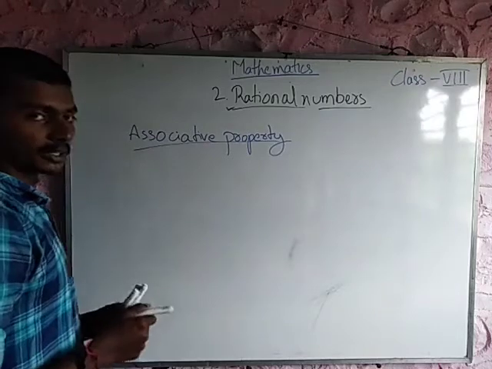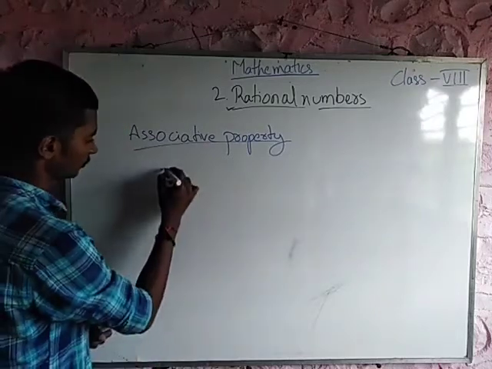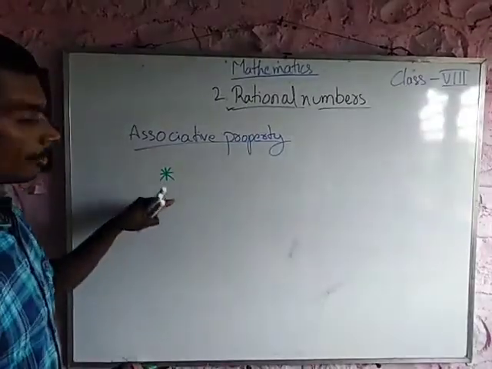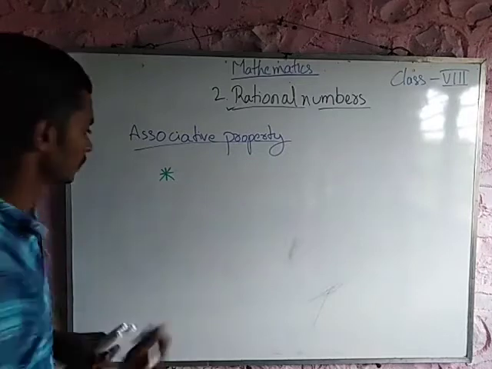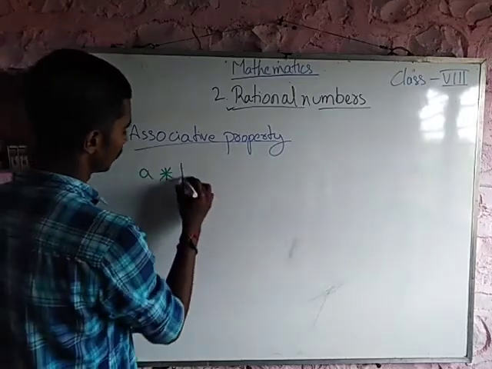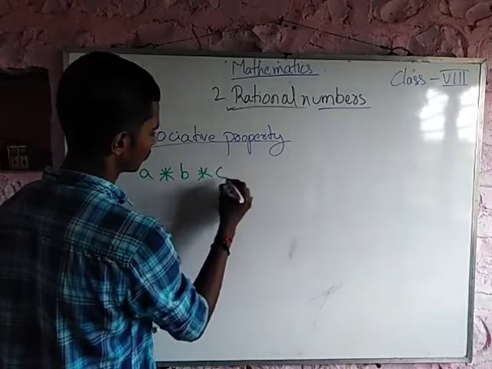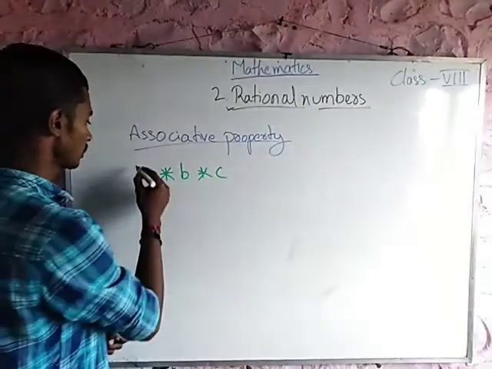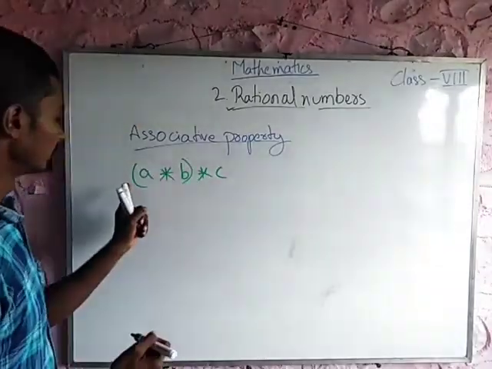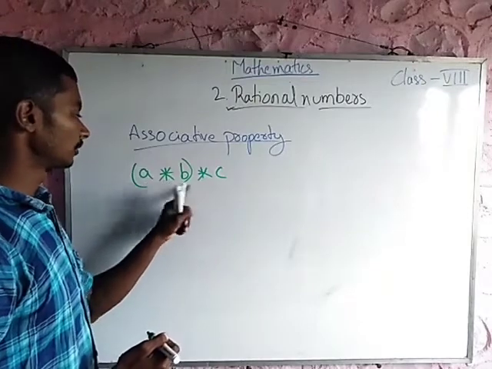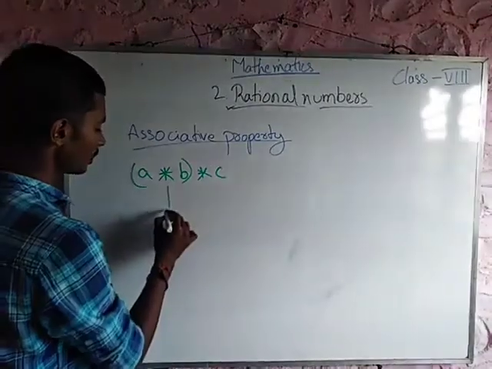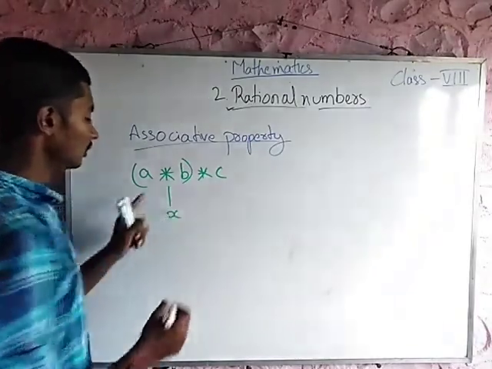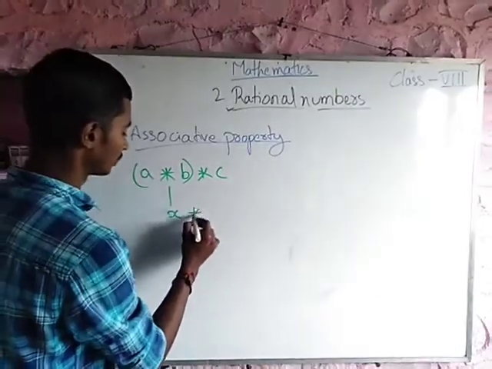Okay, if I take any operation, and if I want to operate this with three numbers, that is A star B star C, how can I do this? This can be done in two ways. Either the first way is we will operate this for the first two numbers, and the result which we will get, let this result be x, and this result will be operated with the third number.